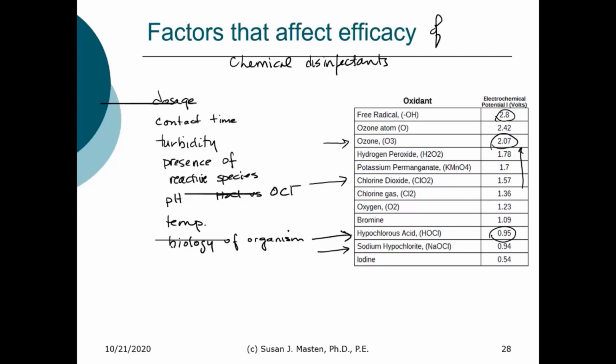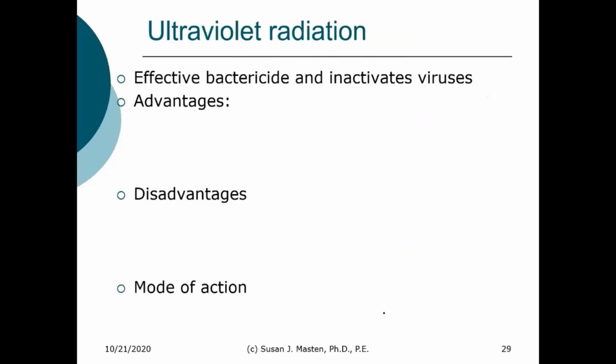You don't all come down with the flu at the same rate. It doesn't affect everybody the same way. Well, it's no different with bacteria, oocysts, etc. And then lastly, the relative strength of the disinfectant. So all these will affect the efficacy of the disinfectant.